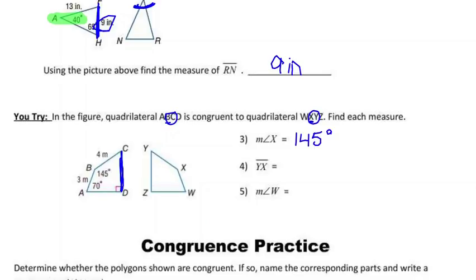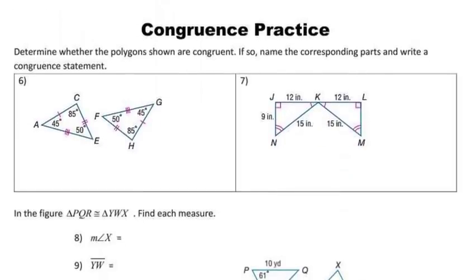Oh, CB, I'm sorry, I did that wrong. No wonder I can't find it. CB, not CD. And that is 4 meters. And then angle W is that first one, so it's going to match up with A, and that's going to be 70 degrees. Okay, so once you know where you're looking for, it's actually not too complicated.